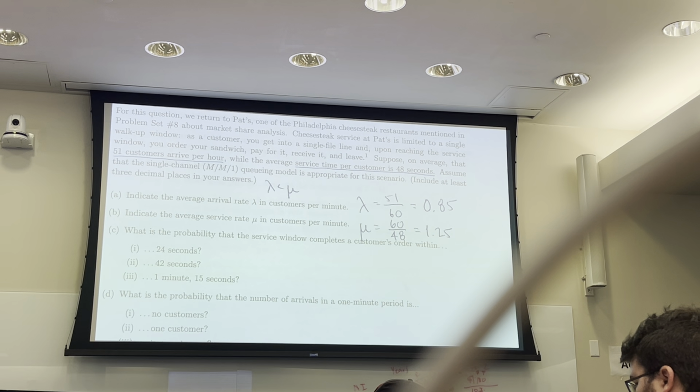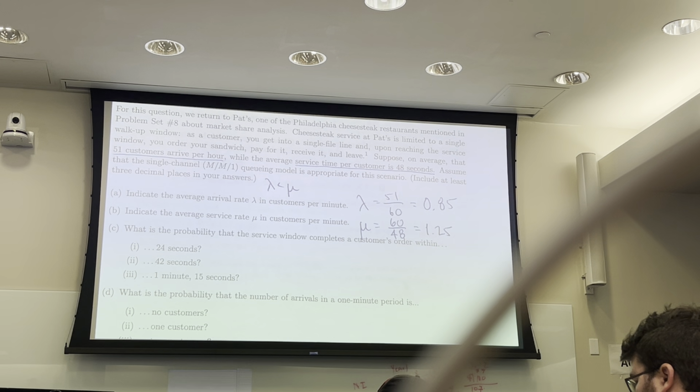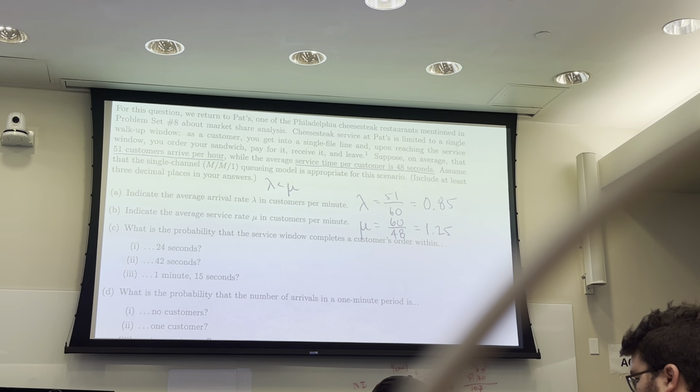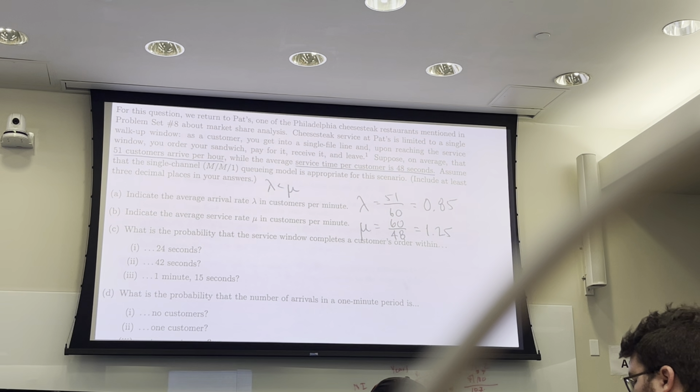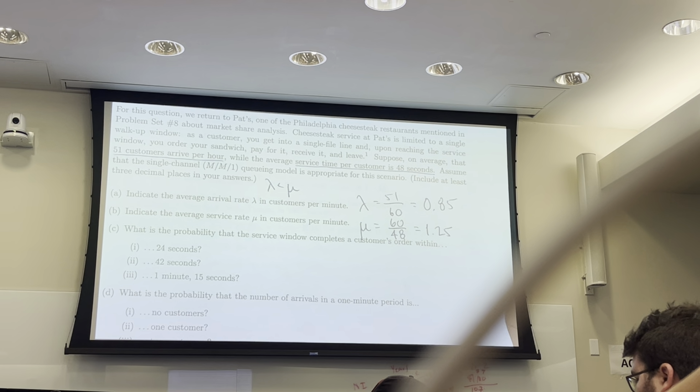Other thing to note on this. We have two kinds of things: arrival probabilities and service time probabilities, and then we have the operating characteristics. On the free response, I will only ask you about operating characteristics.